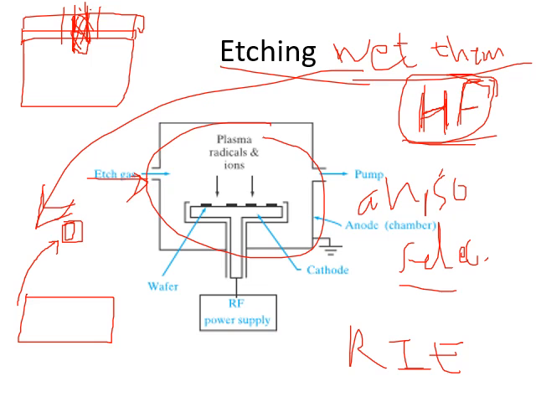Because of that low pressure, the velocity or kinetic energy of the light electrons increases. And even the plasma radicals and ions you are seeing here, even the kinetic energy of these will increase, correct? And they will hit the wafer.